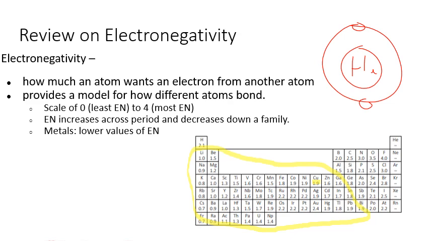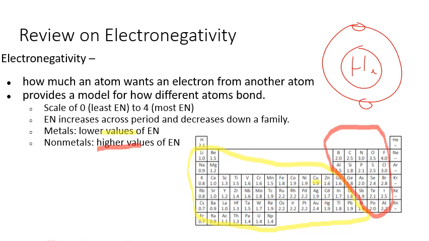On the flip side, we know that nonmetals have higher values. We can see here that the higher values, for the most part, are going to be nonmetals. So again, the nonmetals are in the red, whereas the metals are in the yellow. So that's important.